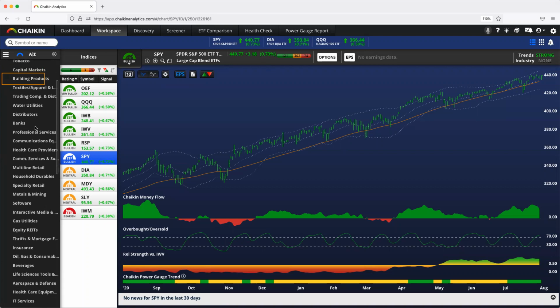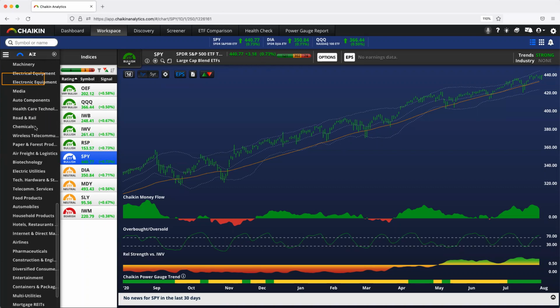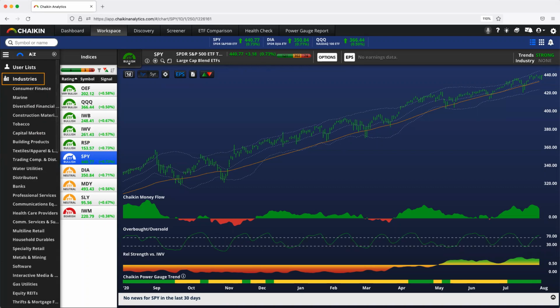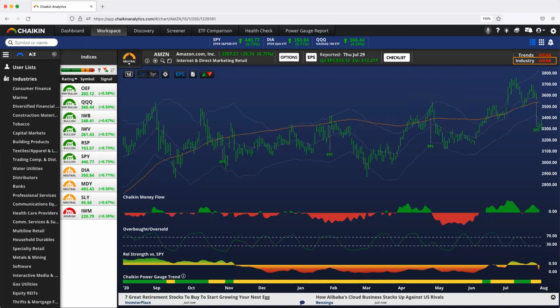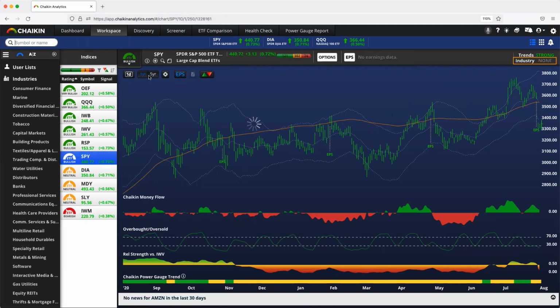These groups are in order of strength as determined by the power bar ratio. Now, we talked about the power bar ratio yesterday in the video when we discussed this industries indicator. Now, this says none because we're looking at an ETF, but if we looked at a stock, for example, we would then see whether or not the industry is strong or weak, and that is determined by the power bar.